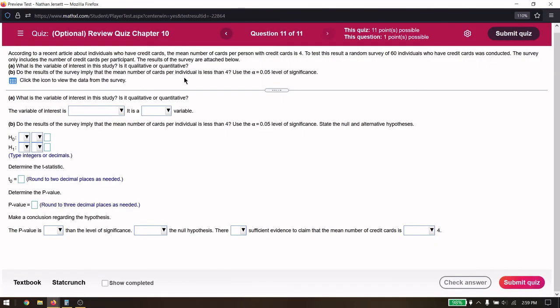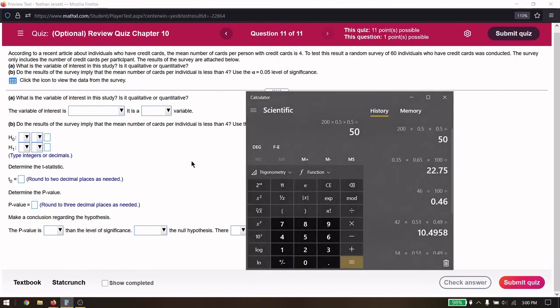Last question we have, according to a recent article, individuals have credit cards. The mean number of credit cards a person holds is 4. They test 60 individuals in a random survey. Again, they should all be independent because they shouldn't be related. I'm sure how they did the random survey would have included that. So first off, I'm just going to test this real quick.